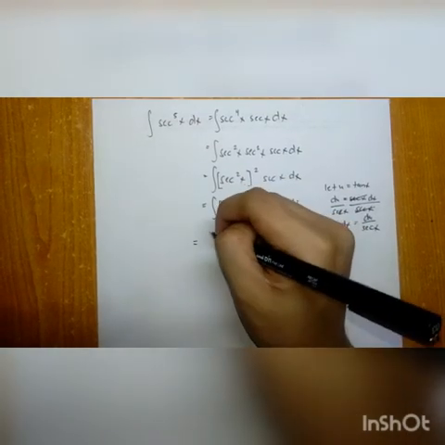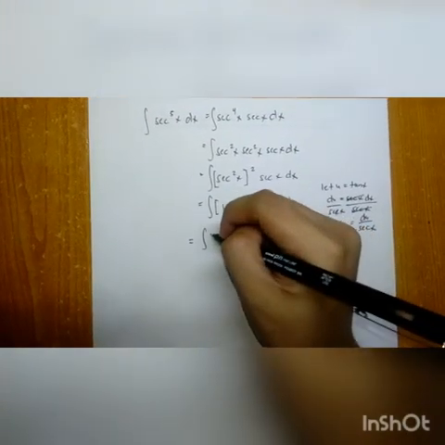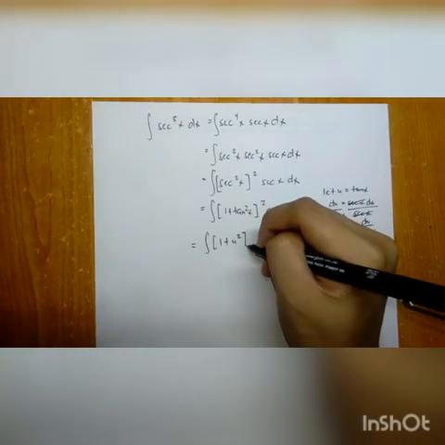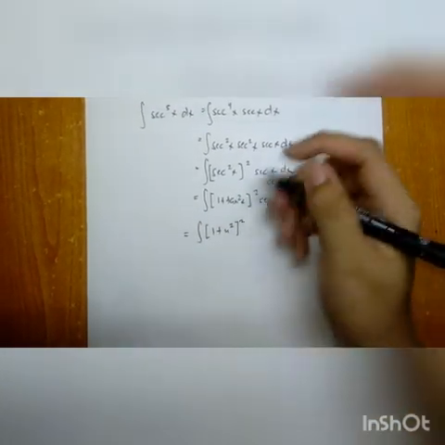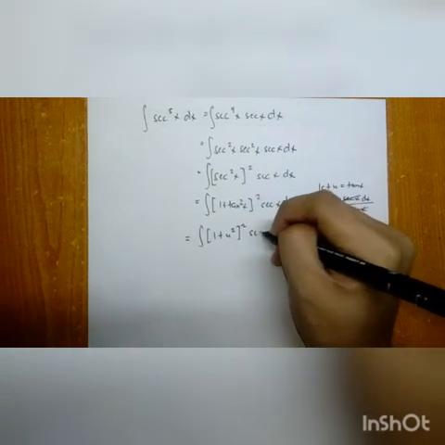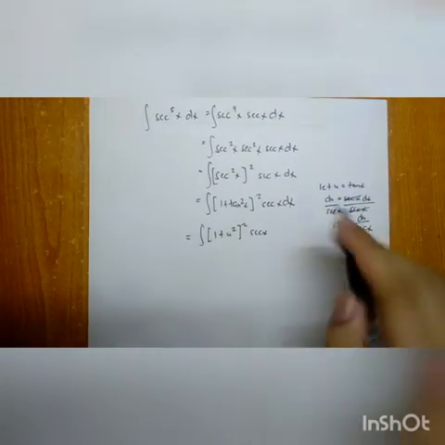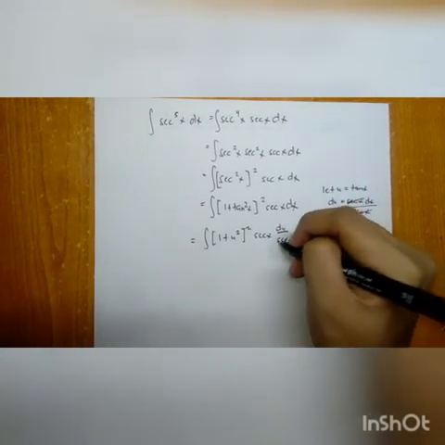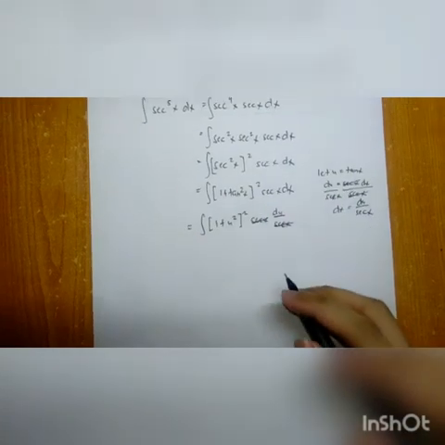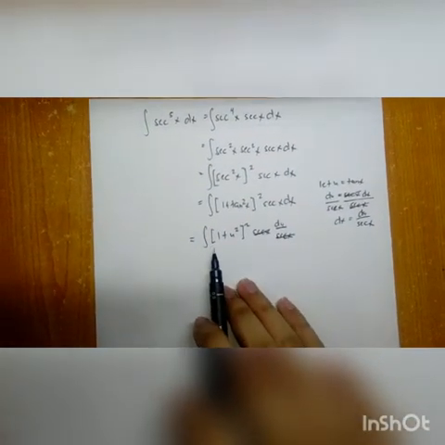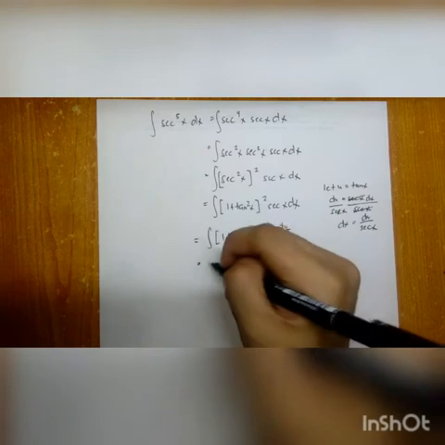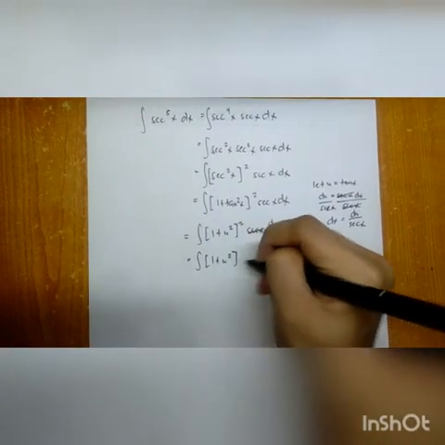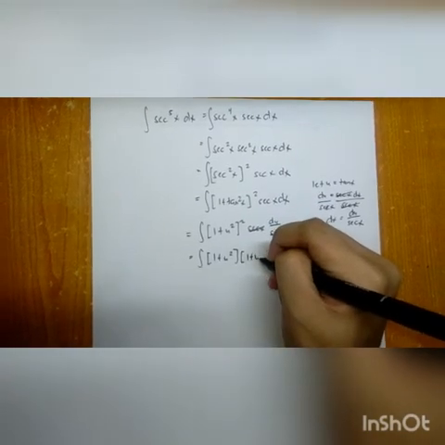Now, we will be using the substitution: 1 plus u squared, then secant x dx will be changed to du over secant x. Secant x will be cancelled, and then these two can be written as 1 plus u squared and another 1 plus u squared.